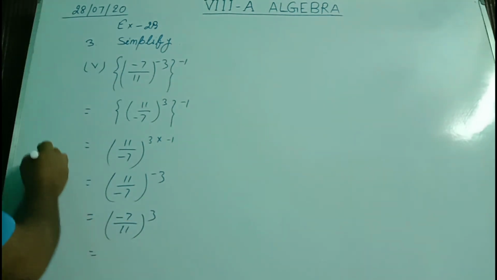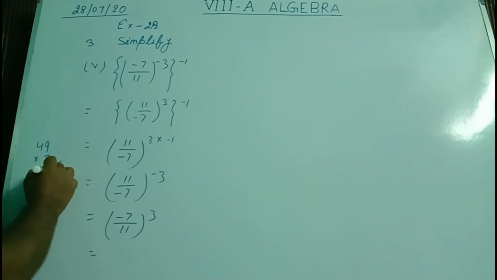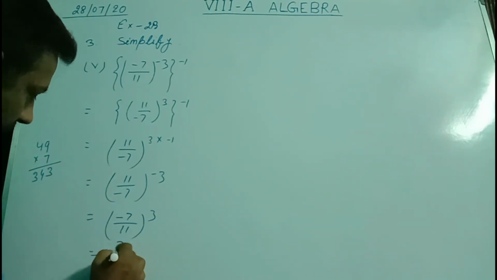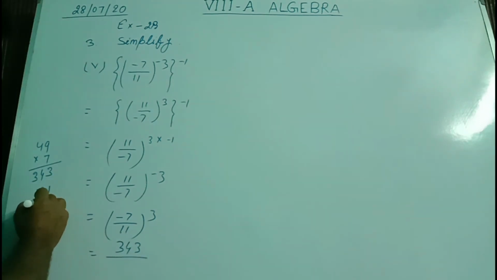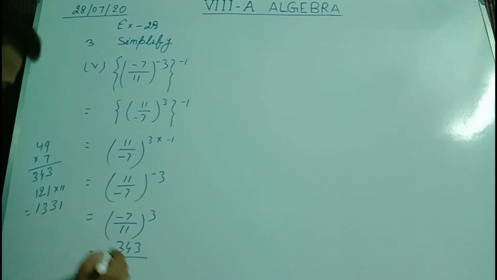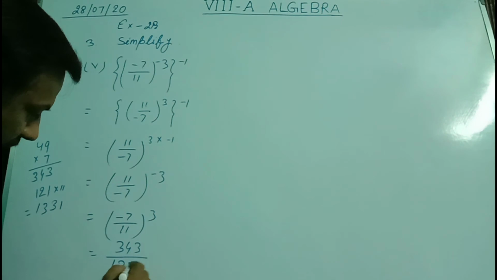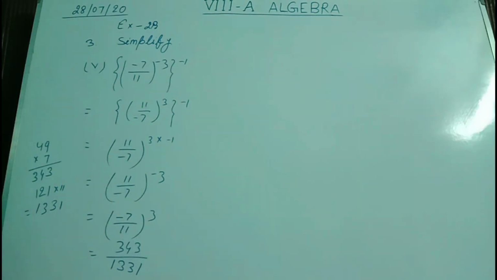So this became 49 into 7, 343 by 121 into 11, that will be 11 ones are 11, 1, 11 2 are 22 and 1, 23, 2, 11 ones are 11 and 2, 13. This became 1331. This is the simplification of this question.